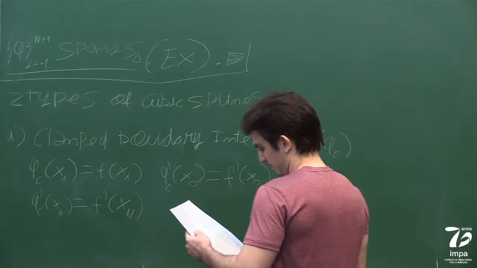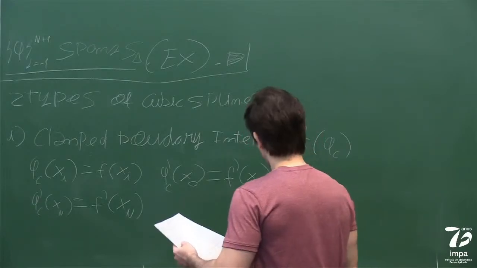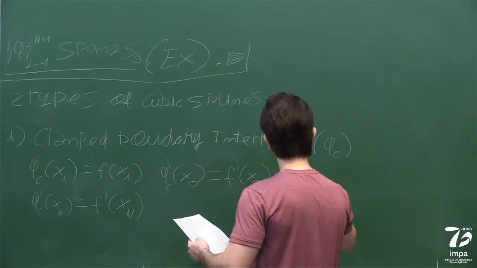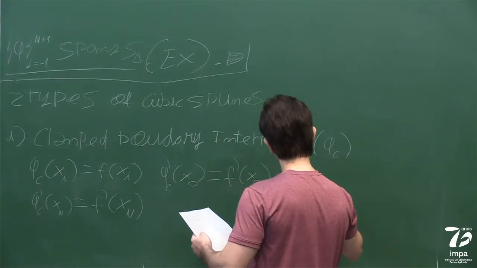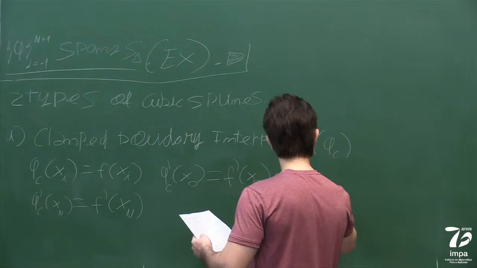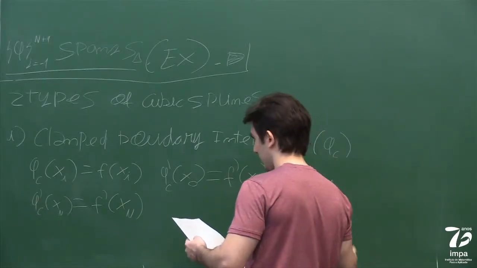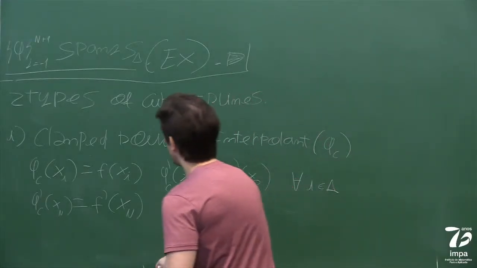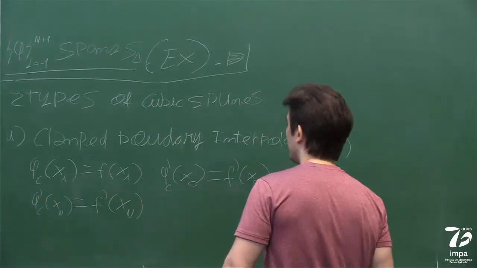Okay. For all i in the partition delta. Okay, so this is one type of cubic spline interpolation.